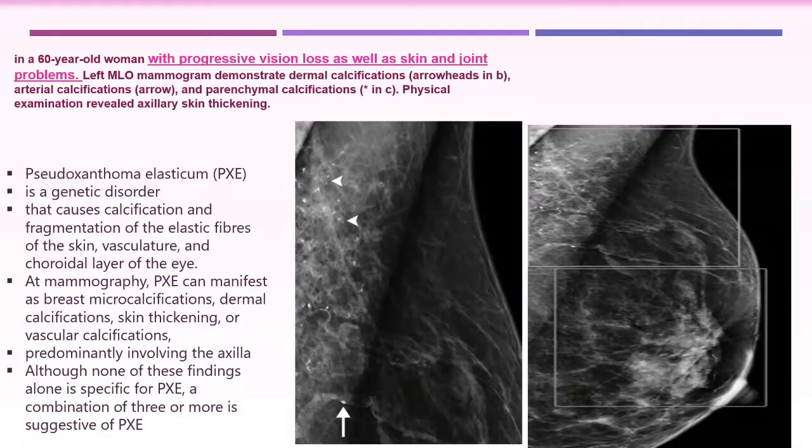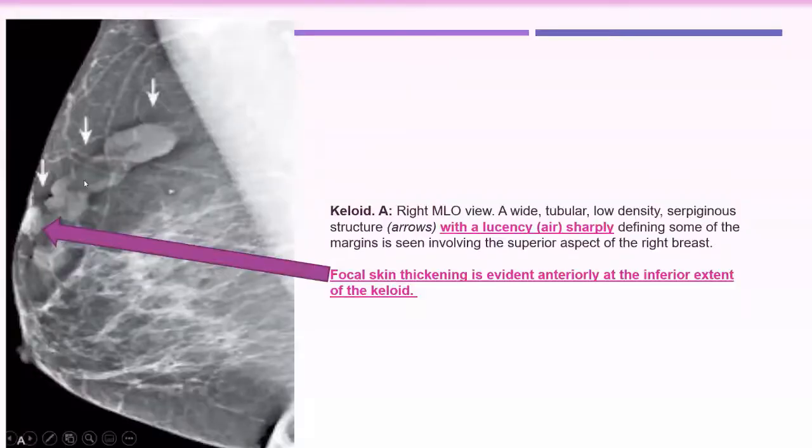Here the clue is the loss of vision along with dermal changes. It's a rare entity, but the combination of factors makes you think about it. And these are typical keloid lesions with air surrounding them. However, this area demonstrates skin thickening, making it suspicious for, or a mimicker of, breast cancer.